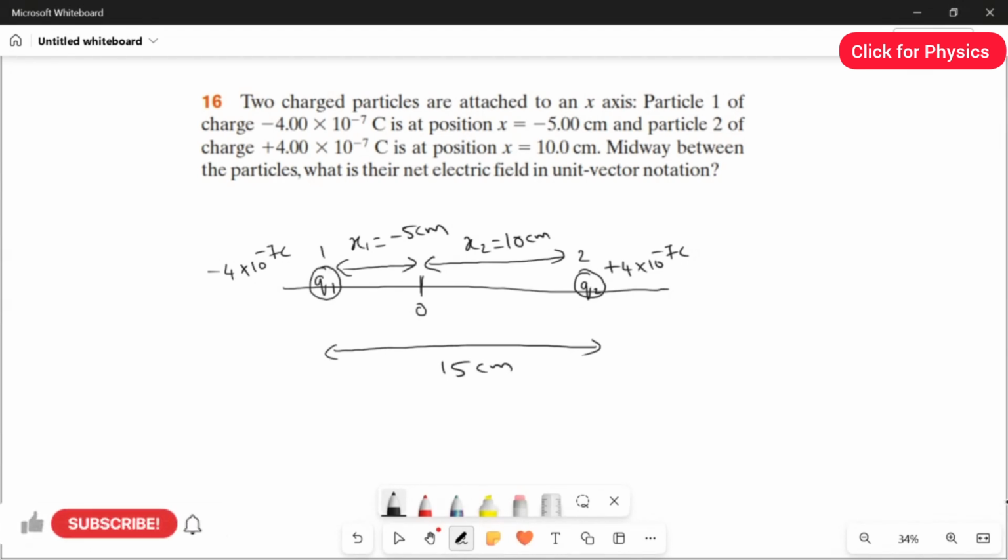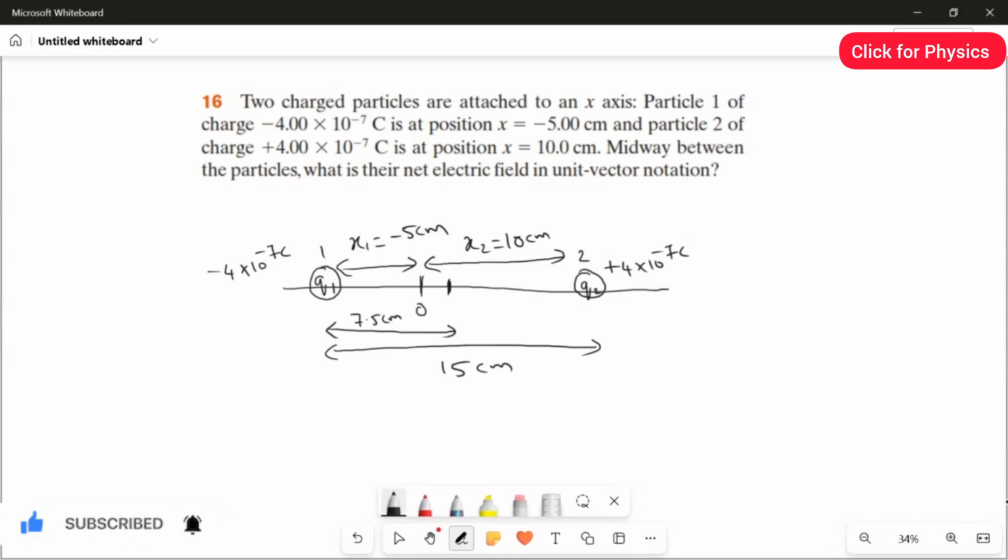Because they ask for the net electric field midway between the two particles, we take half of this 15 centimeter, which is 7.5 centimeter.